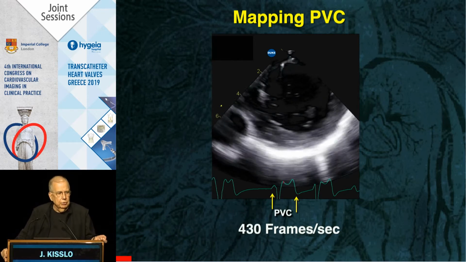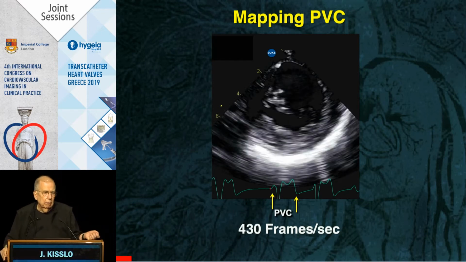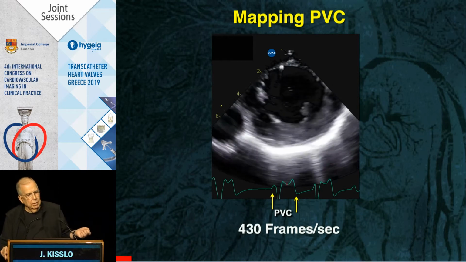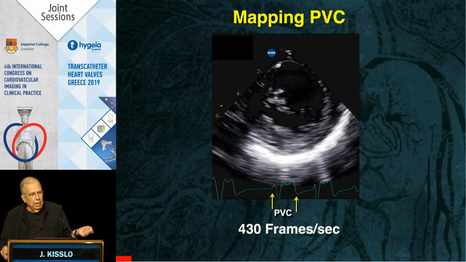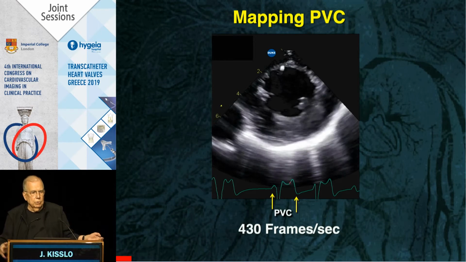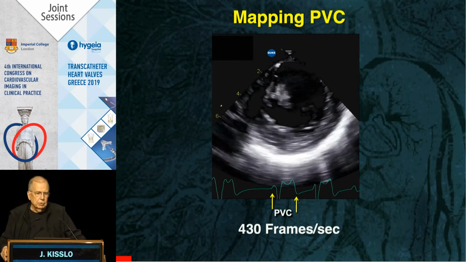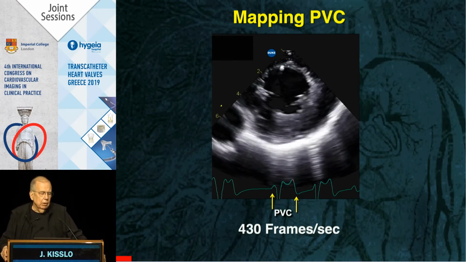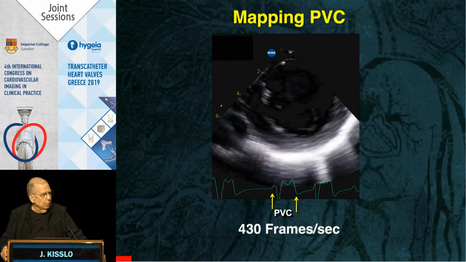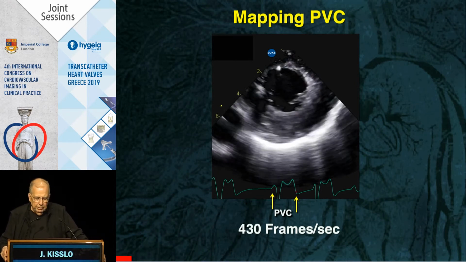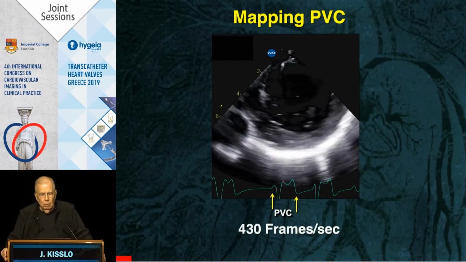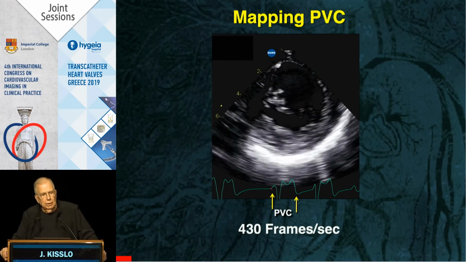If we can map the origin of PVCs, we can then map the conducting system. And if we can map the flows at high speed, we could see where the flows go and unravel these mysteries of how does flow in systole know where it's supposed to go in diastole. That just amazes me.